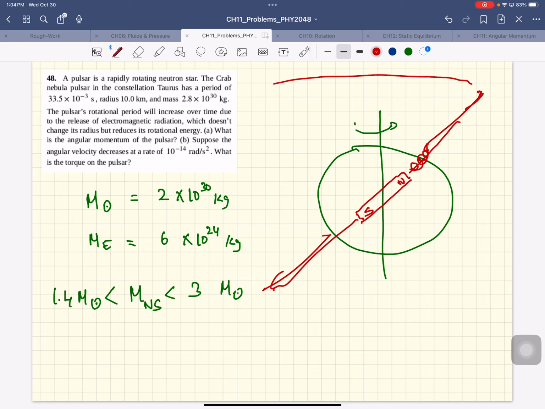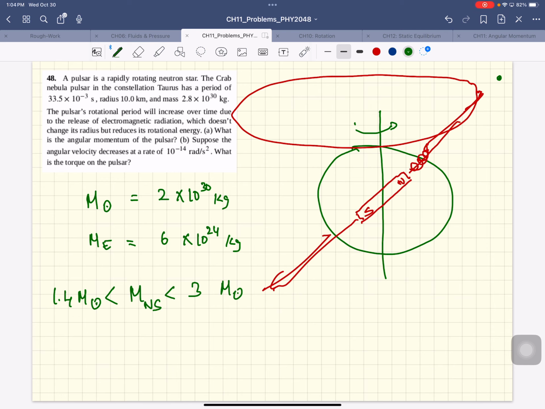If Earth happens to be here, then that beam will hit you 1,000 times a second. So if that beam is hitting you, you're getting a pulse, a strobe light, 1,000 times a second.